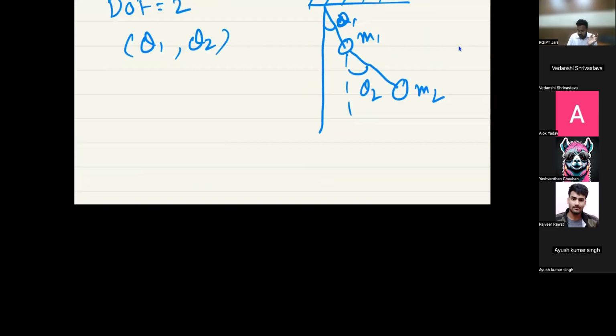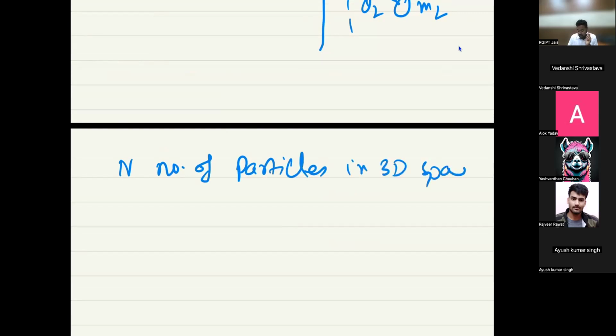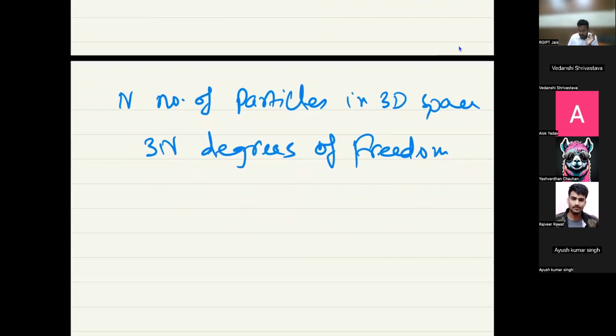Now, in general, if you have n particles in 3-dimensional space, and there is no constraint on the motion of these n particles, you will have 3n degrees of freedom. But let's say we consider k number of constraints.